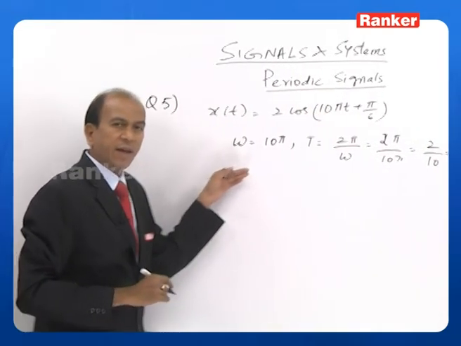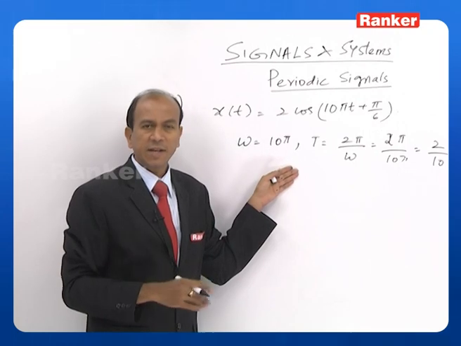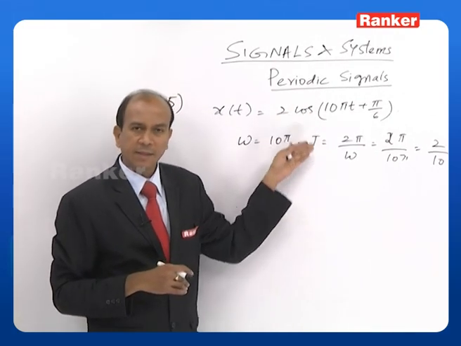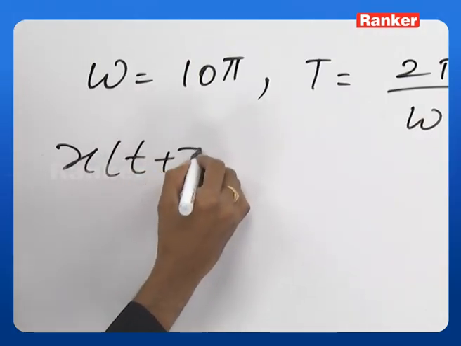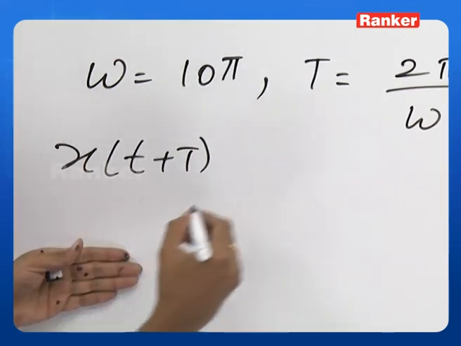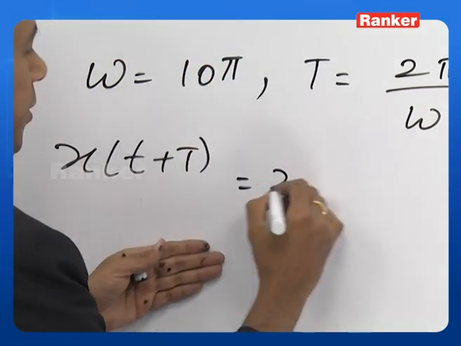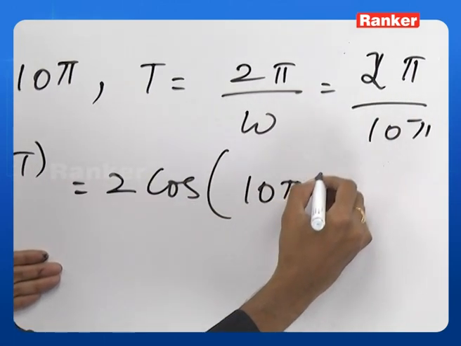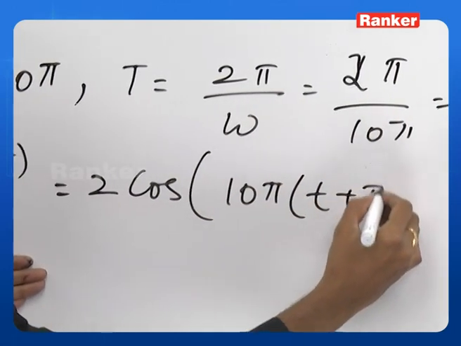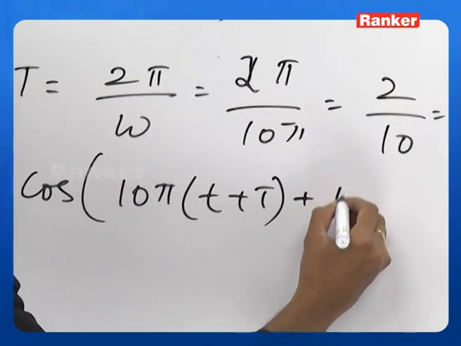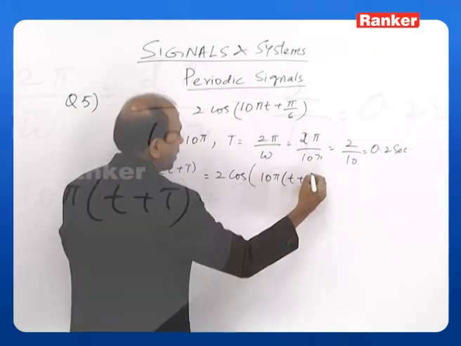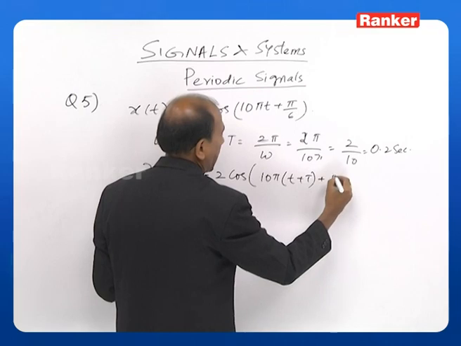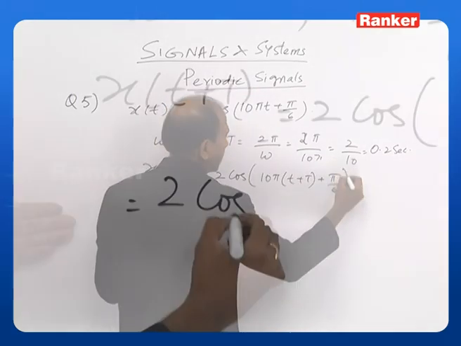Now, we will take the condition for periodicity and establish that this is in fact a periodic signal. So, what is x of t plus T now? x of t plus T is equal to 2 cos of 10 pi into t plus T plus pi by 6. Okay.